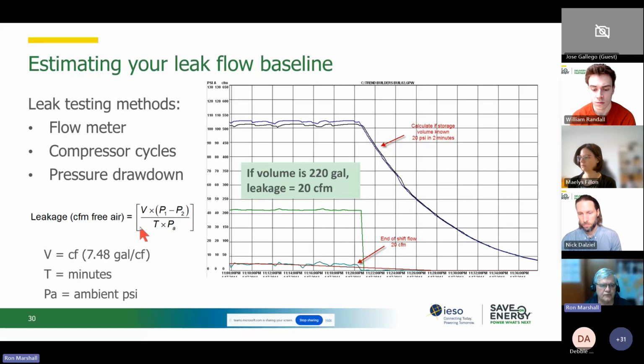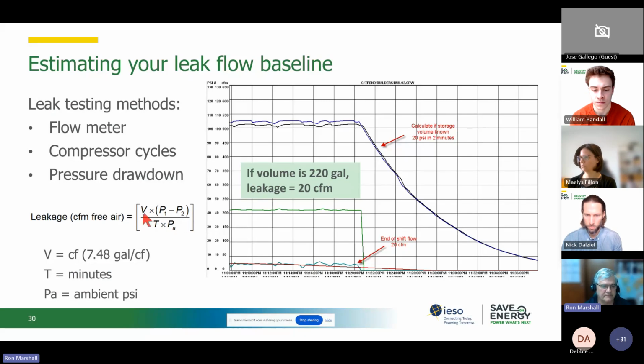In this case, this formula, we're talking about cubic feet, right? We might have storage tanks that are in gallons, right? In the compressed air world, the gallons that we're talking about are not Canadian imperial gallons, right? They're US gallons. So we have to make sure that we know the difference.